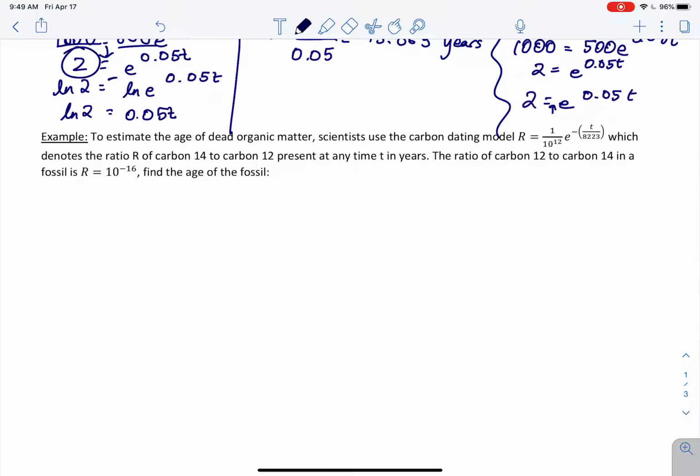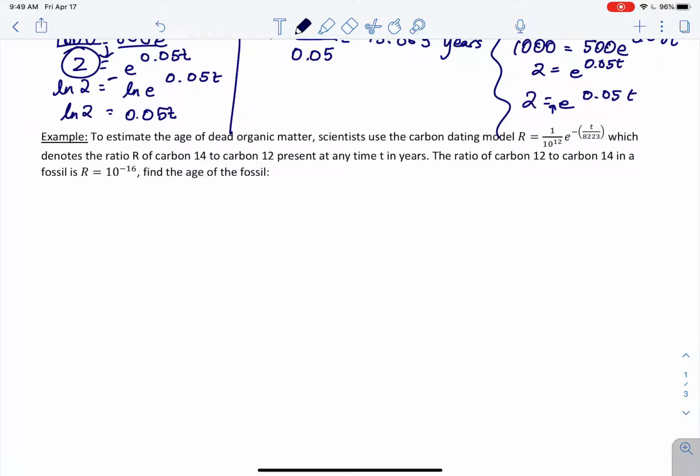The next thing you have is a carbon dating model. So that also works with the exponential growth and decay. In this case, it's decay we're looking at. So this is the ratio of carbon 14 to carbon 12. Present tells you how old a fossil is.